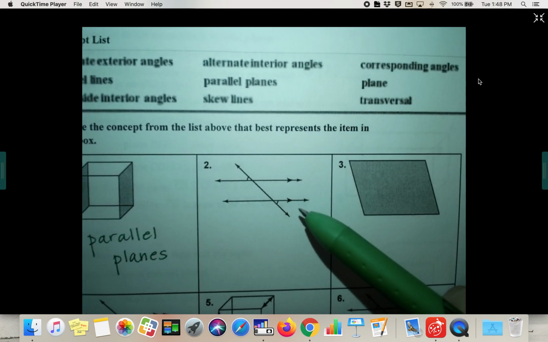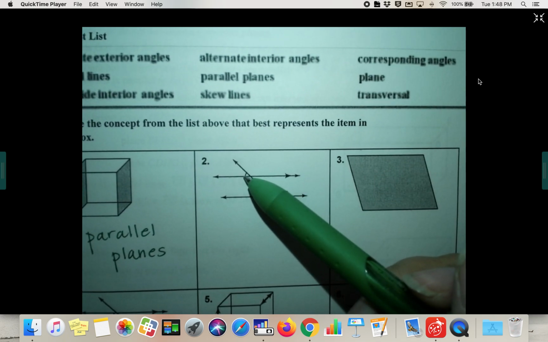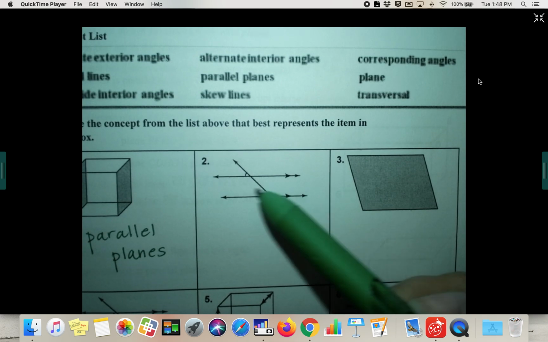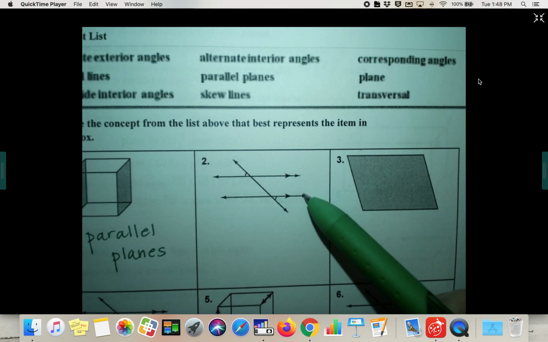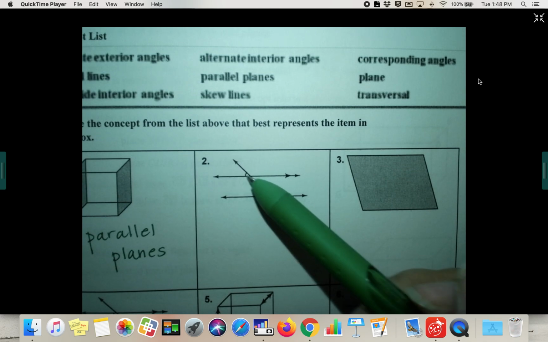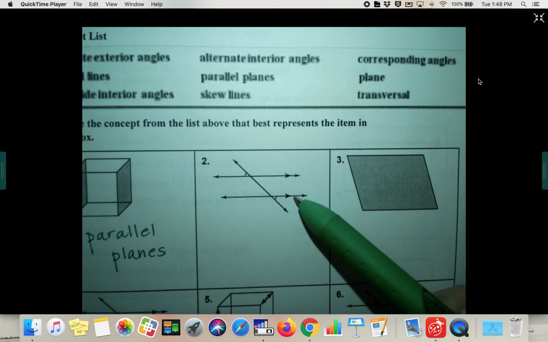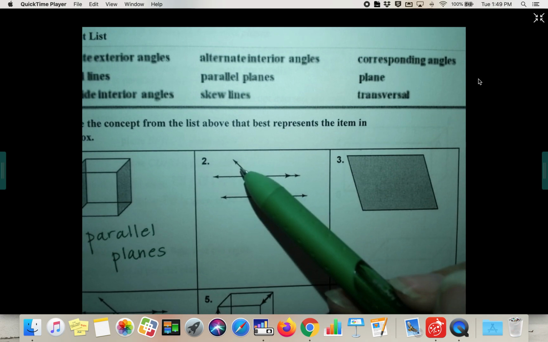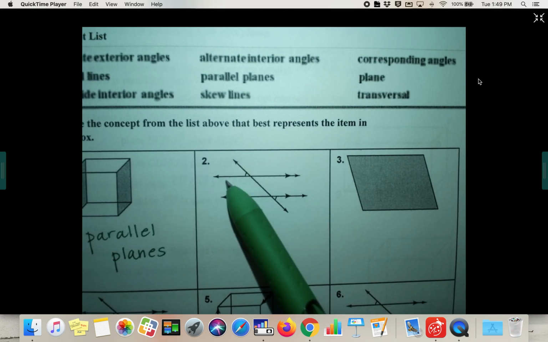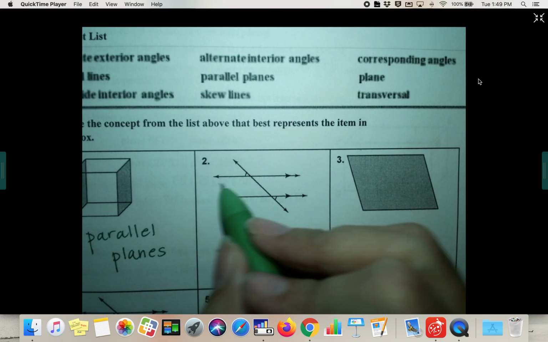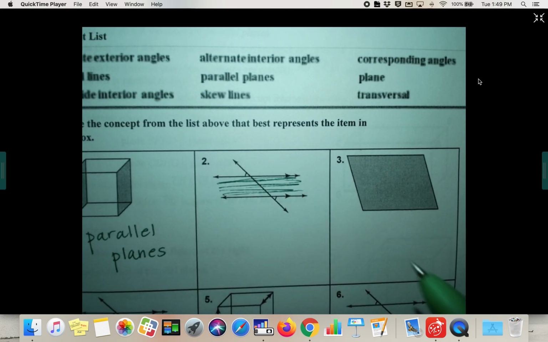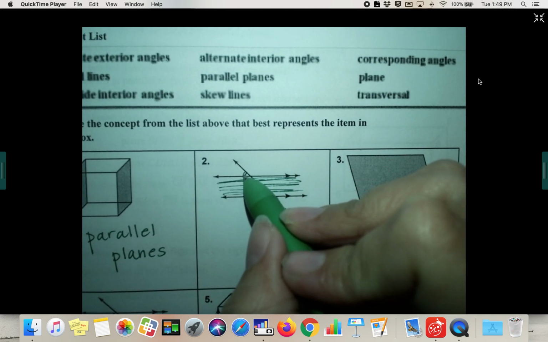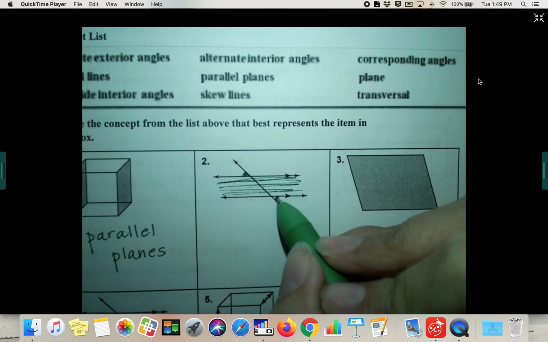All right, the next picture shows these arcs that are way up here and way out here, and they're on two outside angles of these parallel lines. So these are alternate, and they're exterior because they're outside of the parallel lines. Think of the parallel lines as being like a building, and these angles are exterior, they're outside the building.